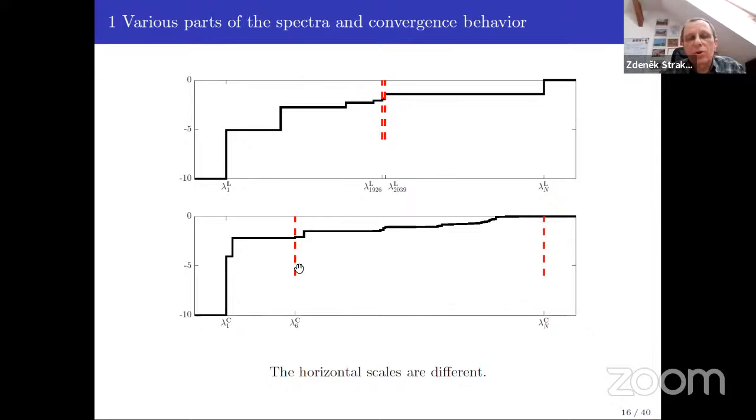For the Cholesky preconditioner, still a very large part of this distribution function governs the iteration. So essentially only a little part at the lower end is eliminated, but nothing else happens. That's why the convergence is almost linear from the very beginning to the very end. Of course, here the horizontal scales are different because this is one order of magnitude shorter than that. But this is very tiny. That's why the convergence is much faster.